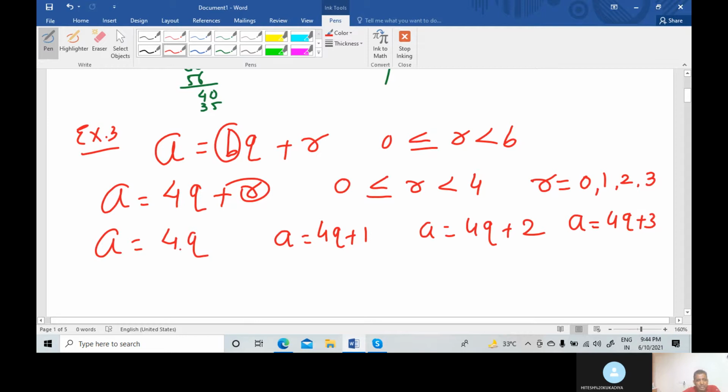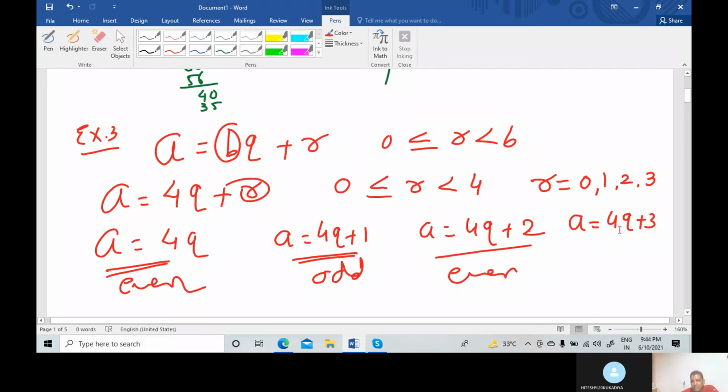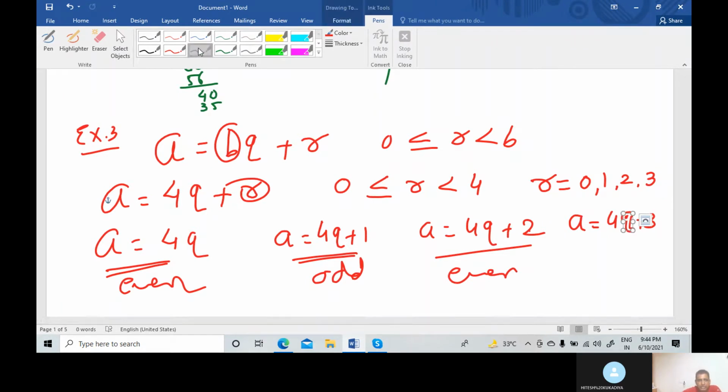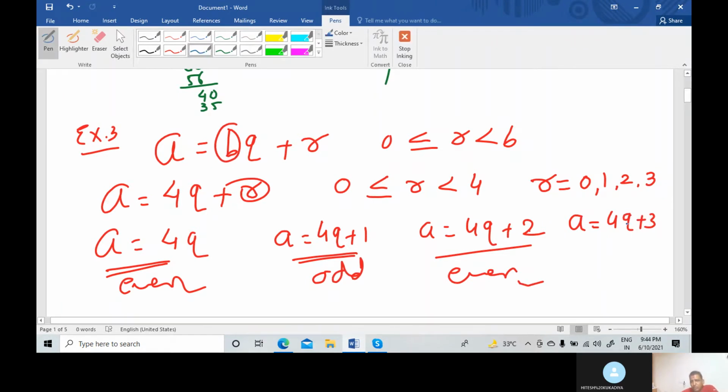Suppose we put here 3. So 4 threes are 12, so this one is even. Here 4 threes are 12, 12 plus 1 is 13, an odd number. Again 4 fives are 20 plus 2 is 22, even. And here 4 threes are 12, 12 plus 3. Suppose we write a different number also: q equal to 7, 4 sevens are 28, 28 plus 3 is 31.